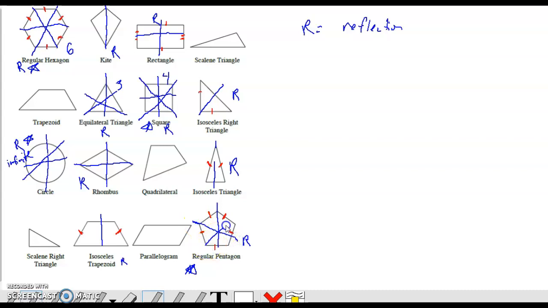There's 1, there's 2, there's 3, and then there's 4. And then I can also go from here to here. So this one actually will have 5 lines of symmetry. So again, not that you have to know how many lines of symmetry we have, but we want to have the basic ideas for the shape.